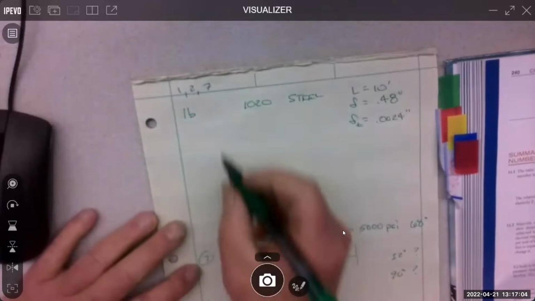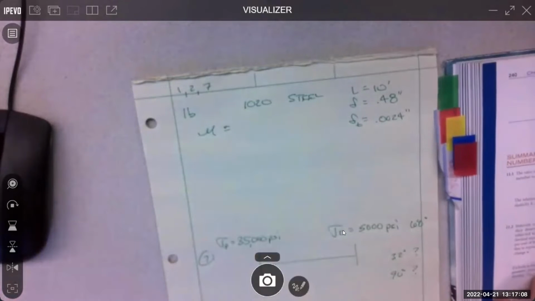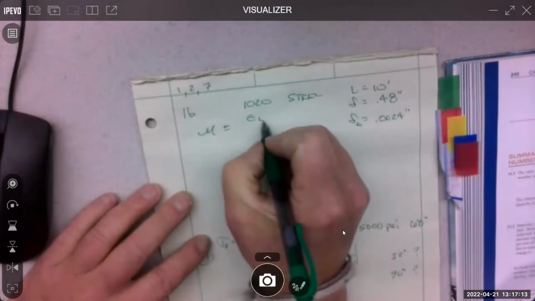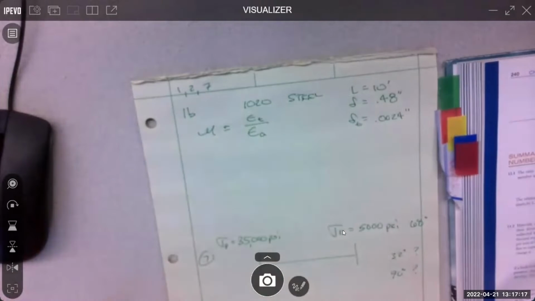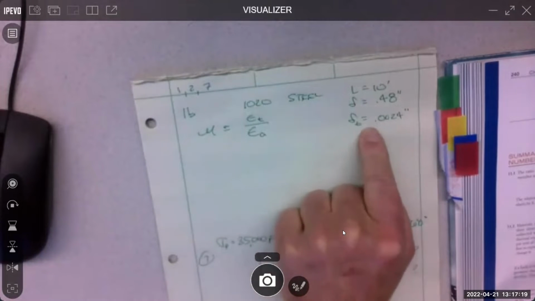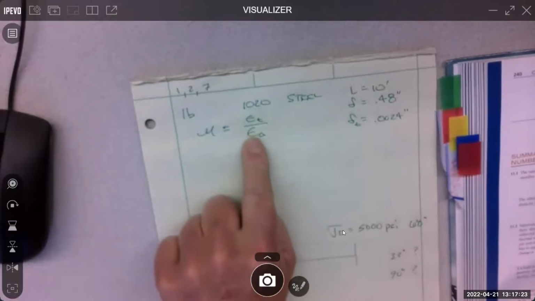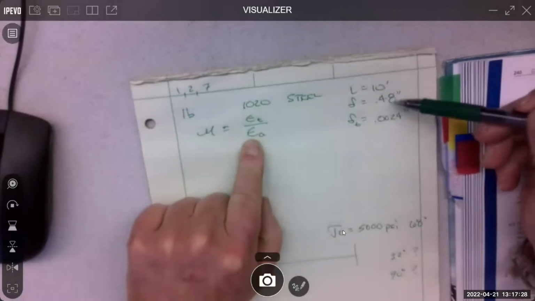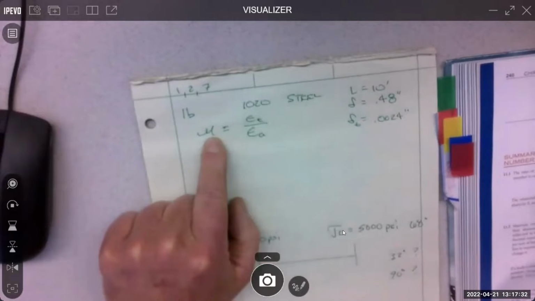So Poisson's ratio is equal to, it's right there on the same page, transverse strain over axial strain. So since we have the transverse deformation, if we had the axial strain, then we could solve this for Poisson's ratio.